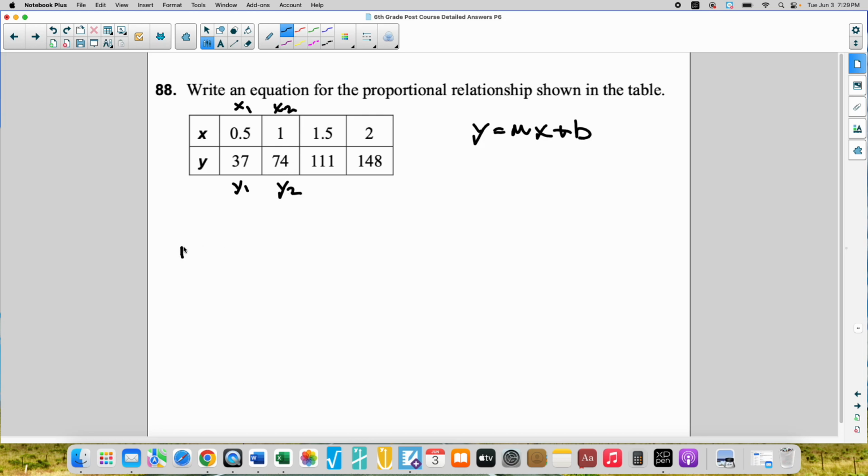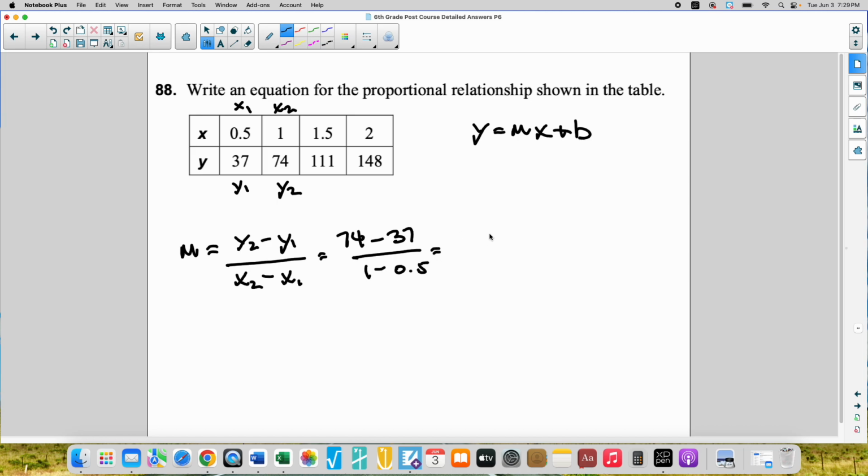So your formula for slope, m equals y sub 2 minus y sub 1 over x sub 2 minus x sub 1. So my y sub 2 is 74 minus my y sub 1, which is 37, over x sub 2, 1 minus 0.5.